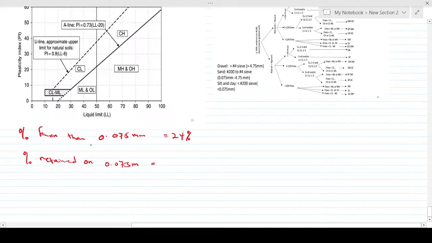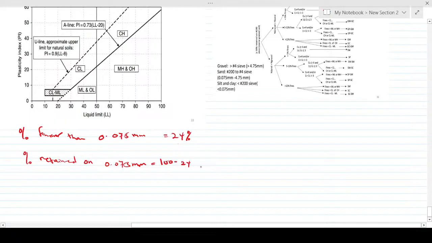If the percent finer than 0.075 is 24, meaning that the percentage that passed through the 0.075 millimeter sieve is 24, then what percentage will be retained on this same sieve? It is just 100 minus 24.